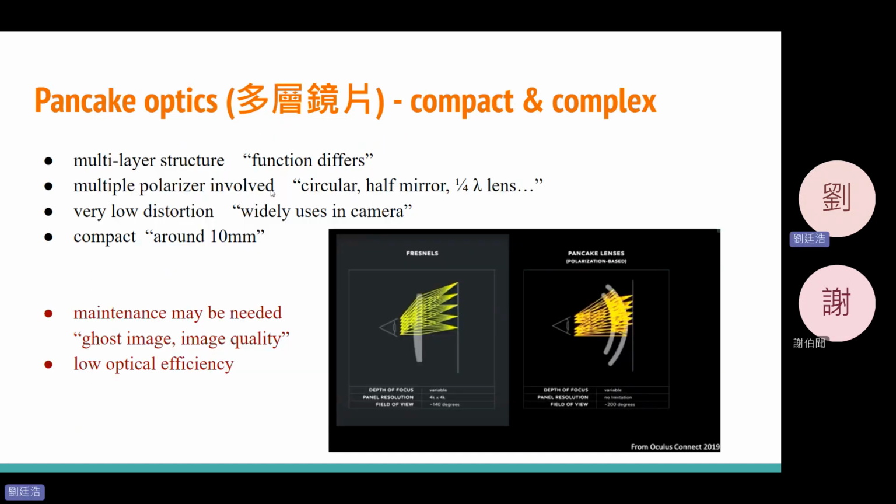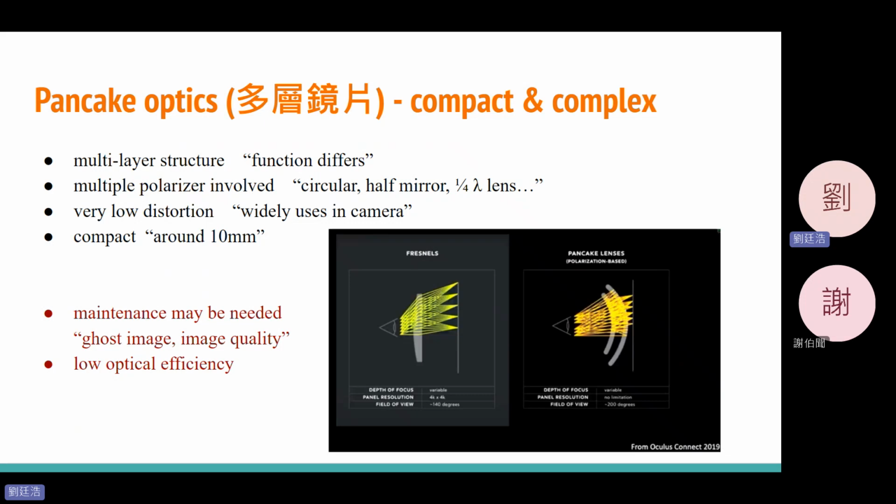The last lens I'm going to talk about is the pancake optics, which is very compact and very suitable for modern design. The main advantage of this is that it uses polarization and makes the image quality really good for us to appreciate.